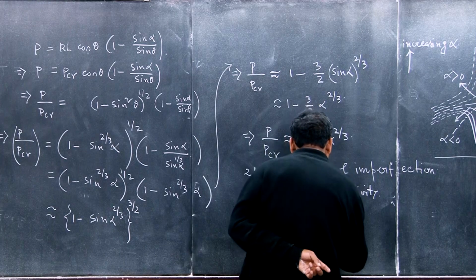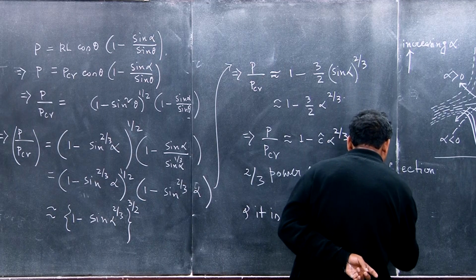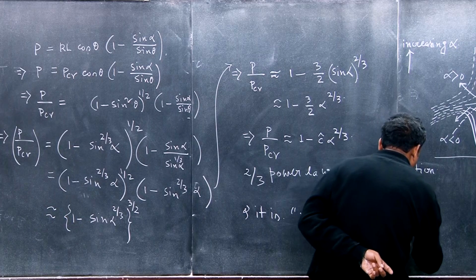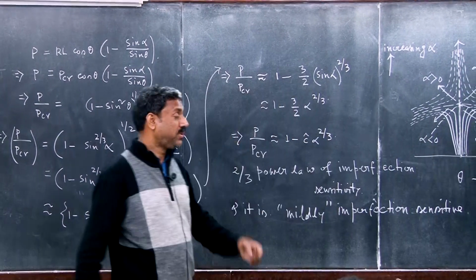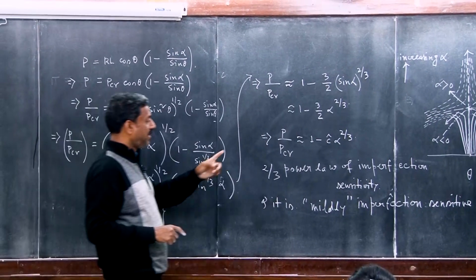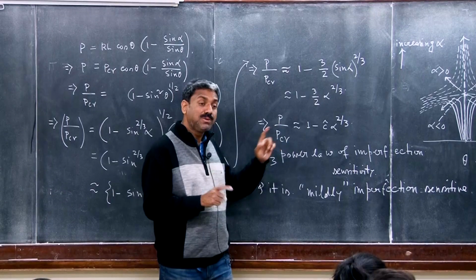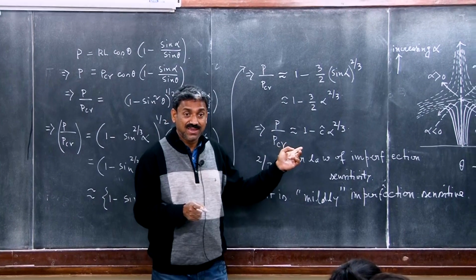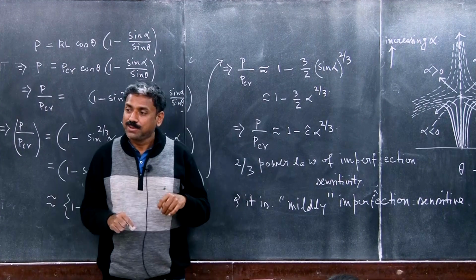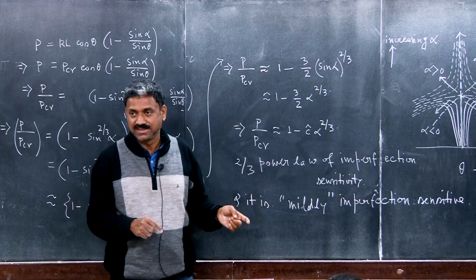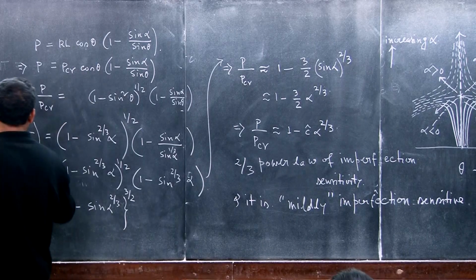In the previous example, P critical was 1 plus, that means with imperfection the critical load was increasing, but here the load carrying capacity will decrease. So earlier one was not imperfection sensitive, but this is imperfection sensitive, okay, and it is decreasing.